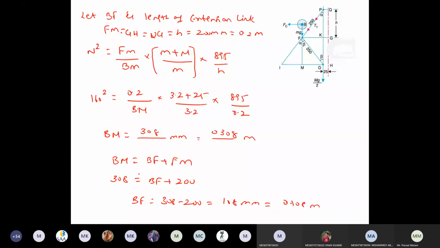Okay. This is the answer we need to find. The second one, tension in the upper arm.